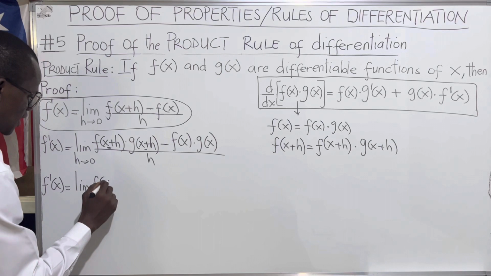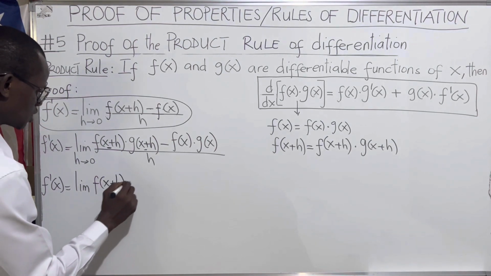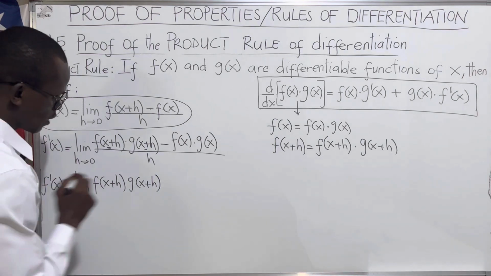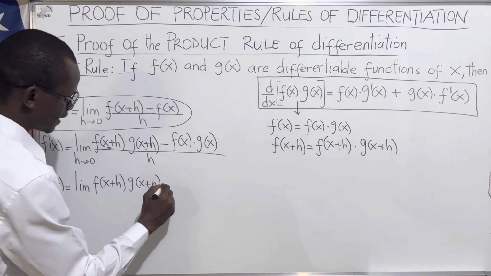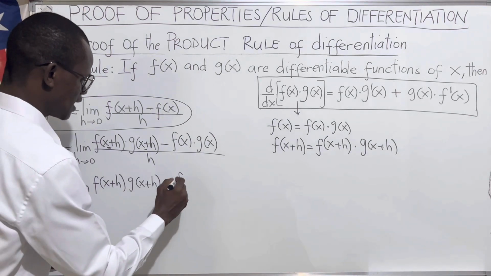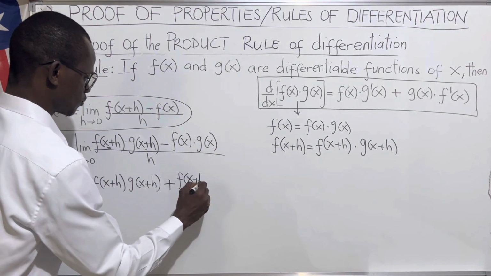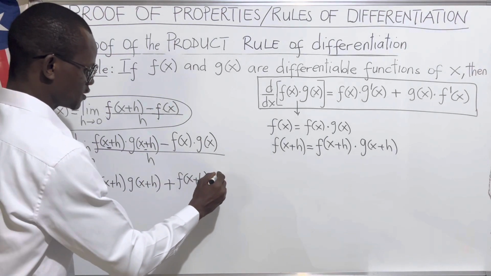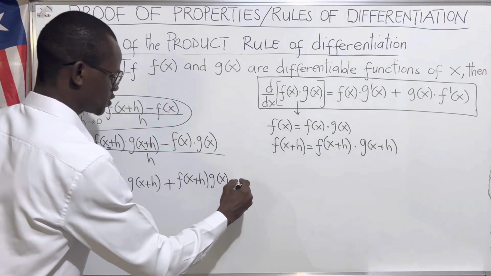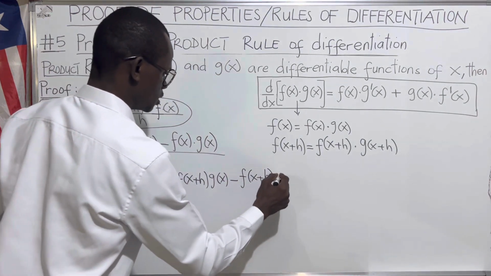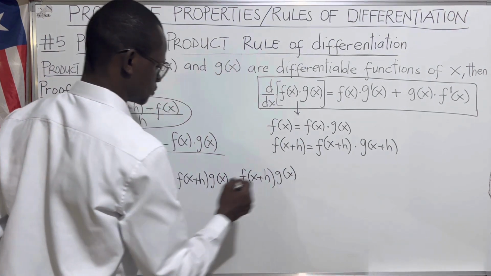So we can rewrite it as f of x plus h times g of x plus h. Now, what I can do here is add f of x plus h times g of x, and then I subtract f of x plus h times g of x.